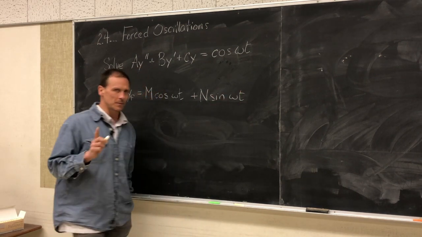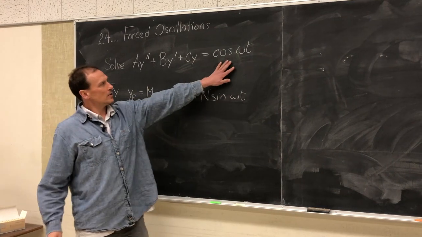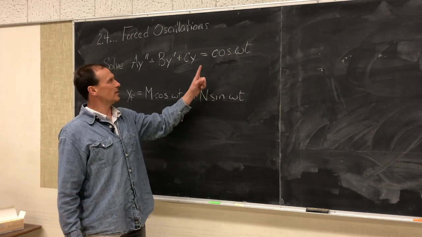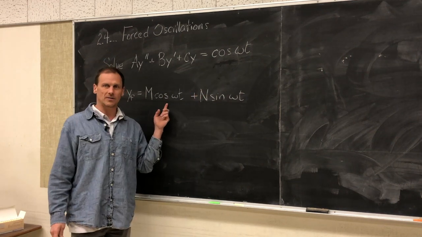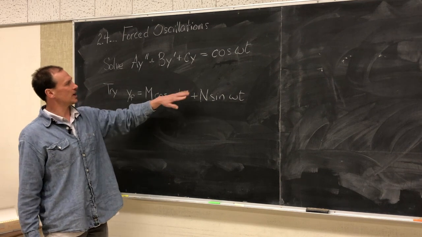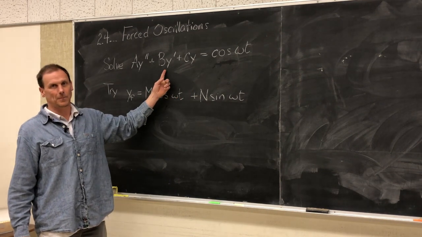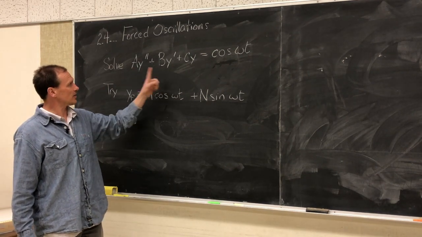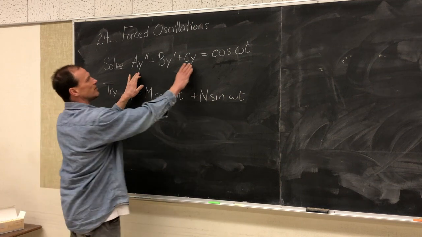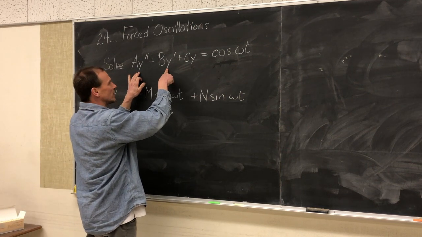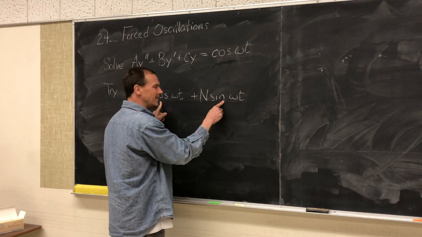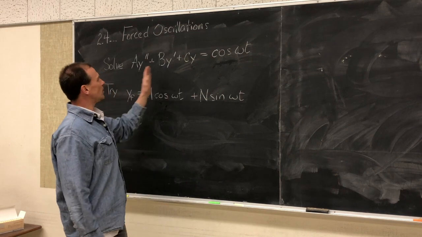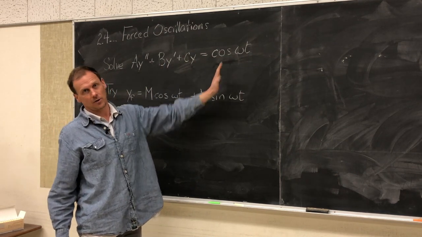And remember this: even though our driving force is a cosine, the particular solution can't be simply a cosine, because as soon as you take a derivative of a cosine, you introduce a sine. So we need both the cosine and the sine, some combination of them, so that all of our like terms are going to simplify to a cosine.